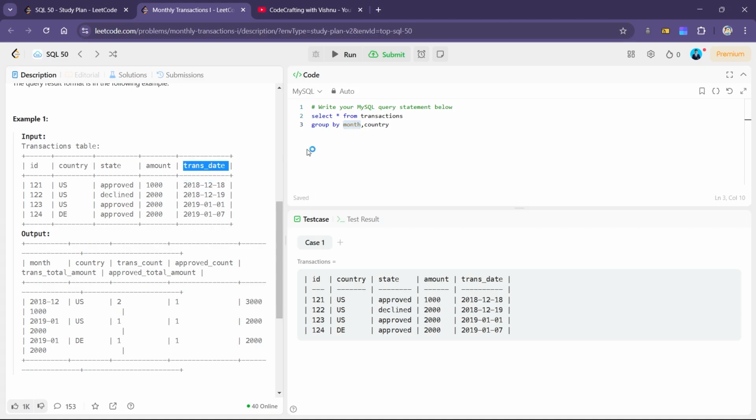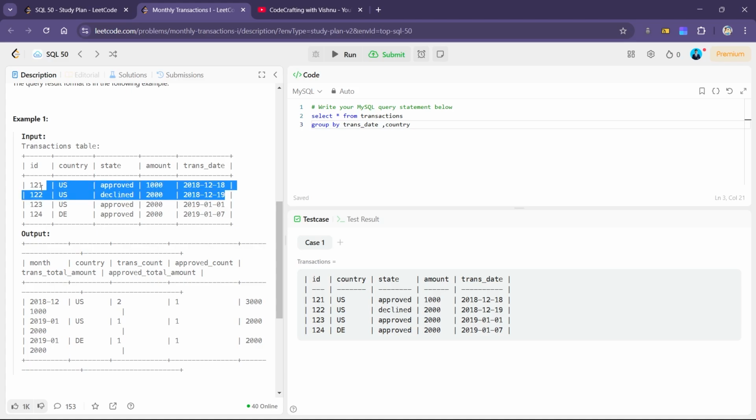If we keep dividing this table by transaction date, then these two will be separate entries, because in the first entry the year is 18 and in the second entry it is 19, so they will be two separate entries. But as per the question we have to divide by month, so they have the same year and month, so these two entries should be grouped together.